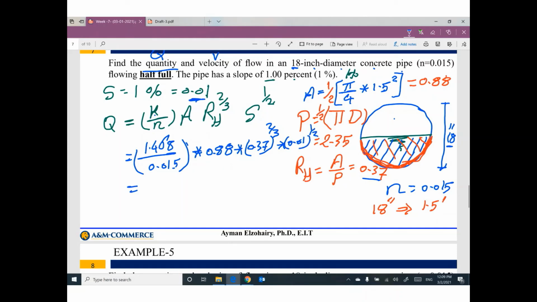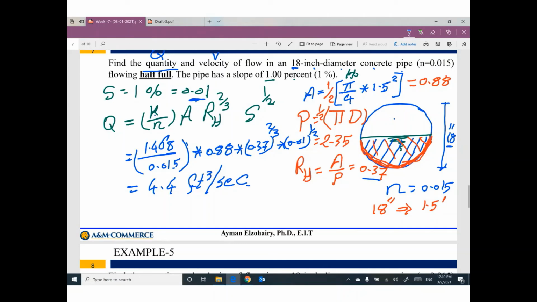I can tell you what is the discharge. 4.4 cubic feet per second.